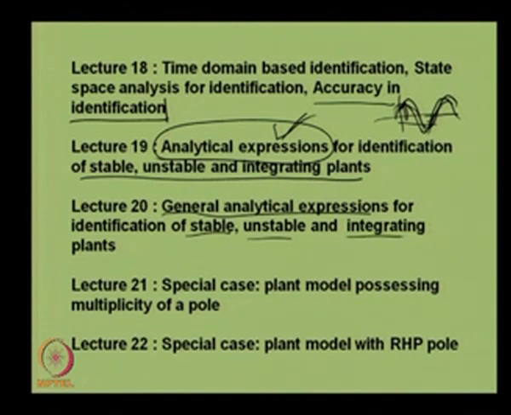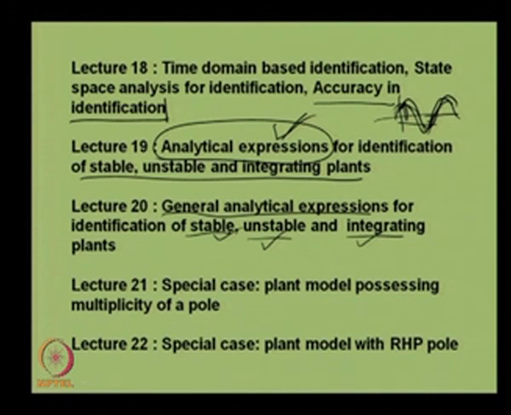Why are those known as general analytical expressions? The analytical expressions need not be derived one each for stable or unstable or integrating plants; rather the same set of expressions with certain limiting values can be used to estimate the unknown parameters.